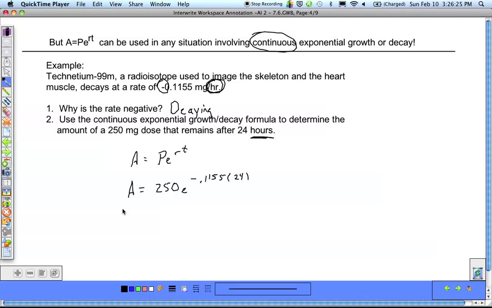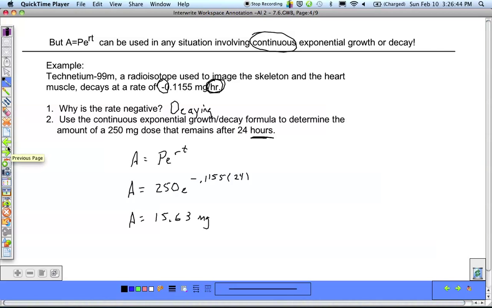Since we have all numbers, and e is just a number, we can type it into our calculators and we should get 15.63 when all is said and done. So we'd have 15.63 milligrams left after 24 hours.